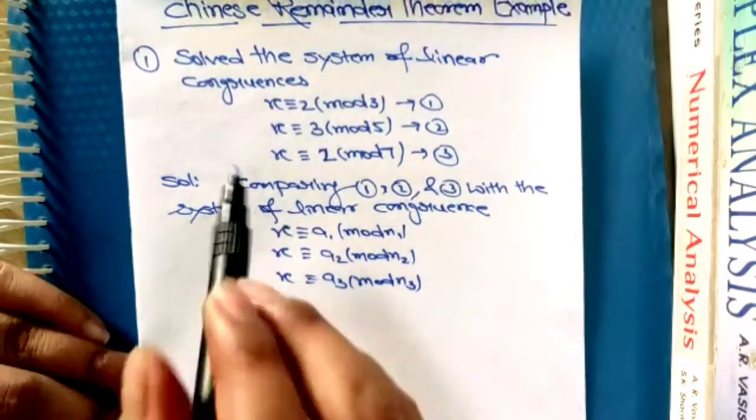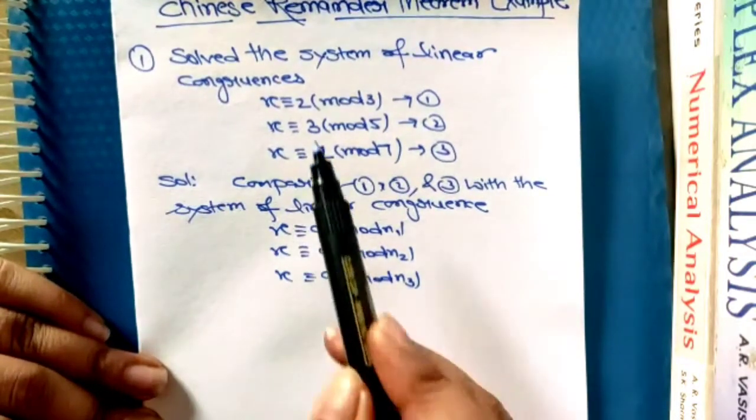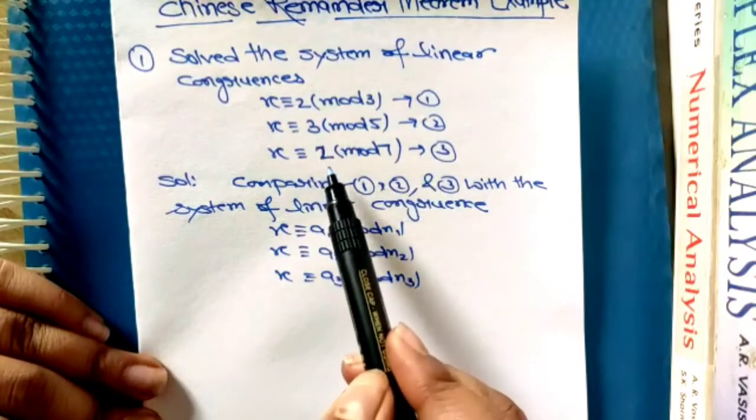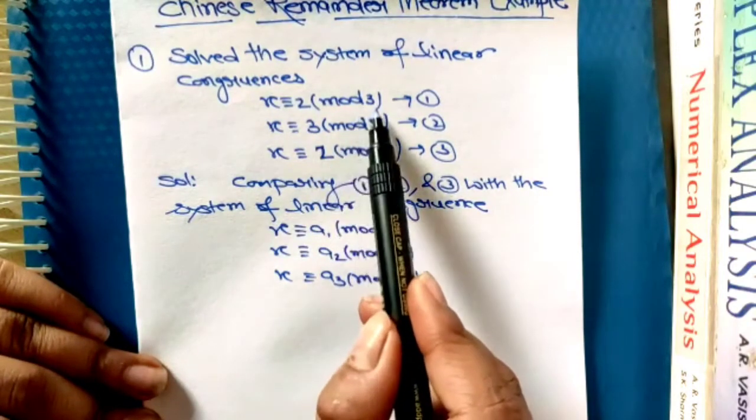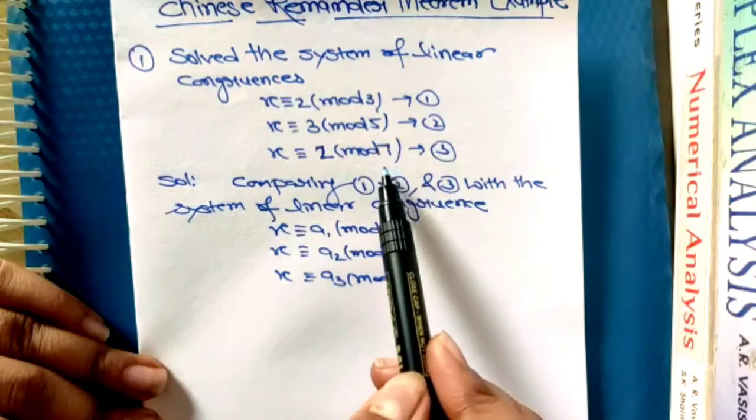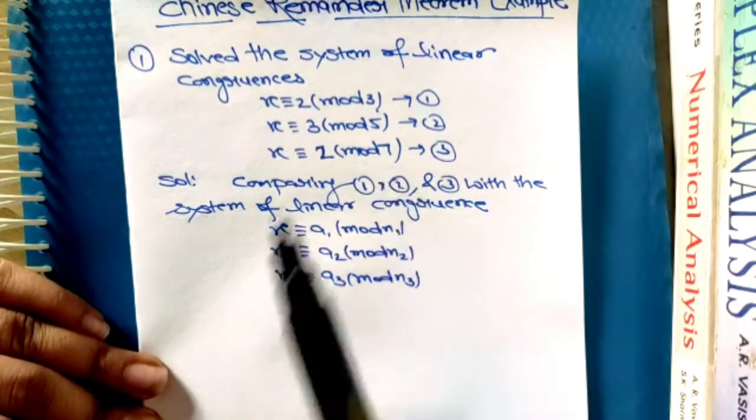So after comparing with this, we get a1 equals 2, a2 equals 3 and a3 equals 2. Similarly, n1 equals 3, n2 equals 5 and n3 equals 7.